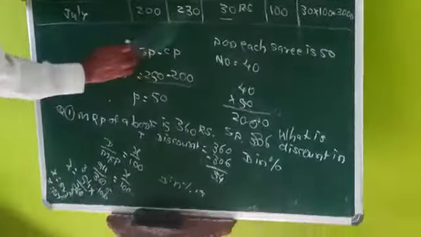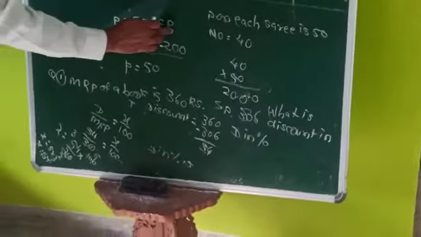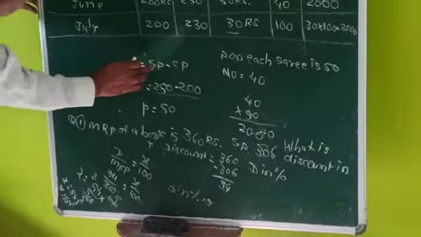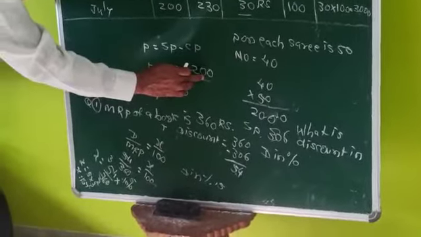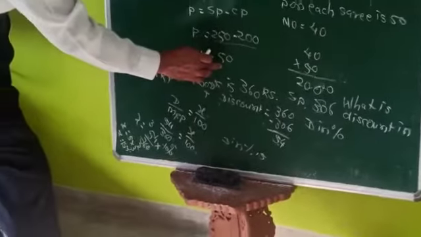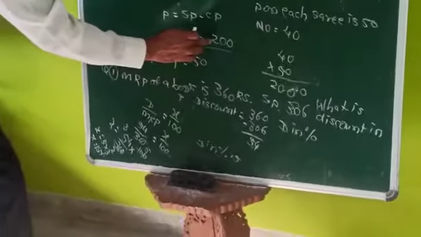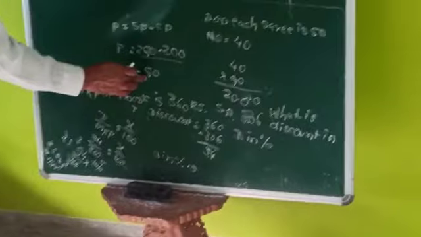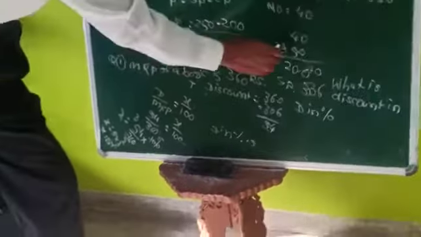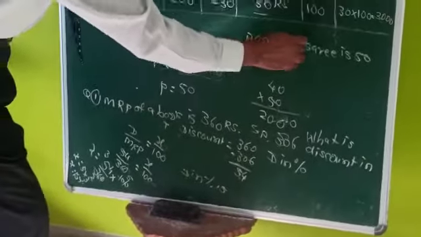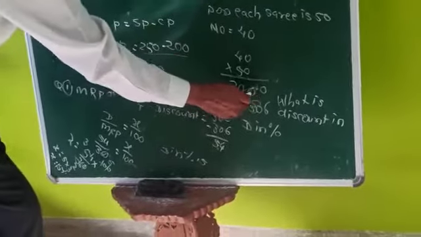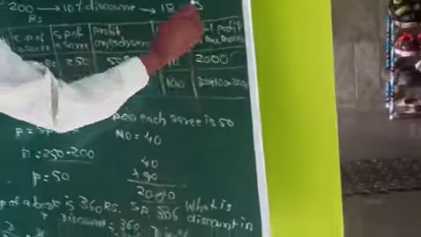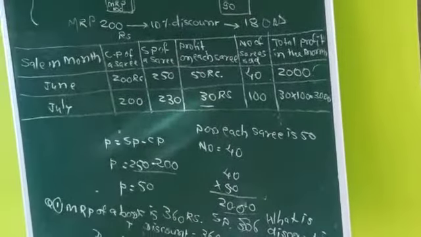Profit equals SP minus CP. Profit means selling price minus cost price. 250 minus 200 becomes 50 rupees. So 50 rupees profit and number of sarees sold 40. We have to multiply this and that goes to 2000. So profit in that month is 2000.